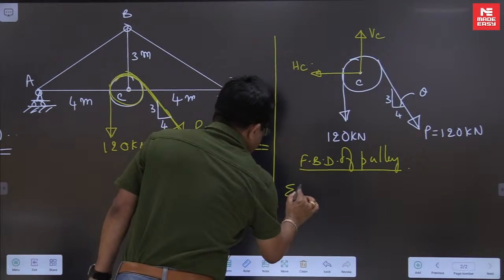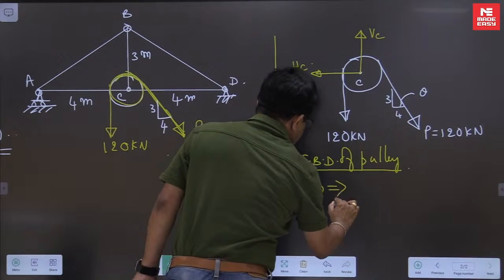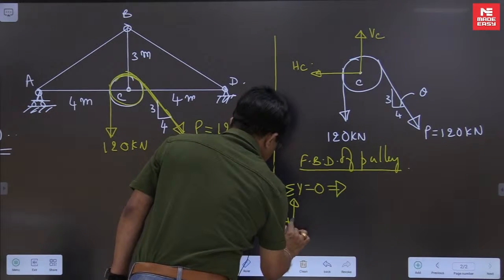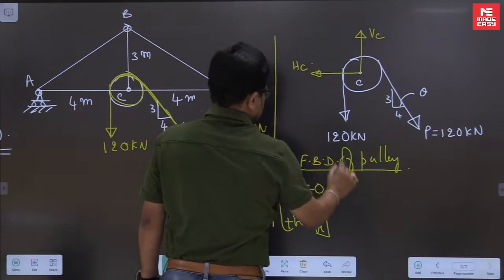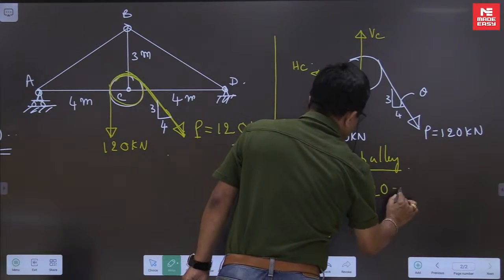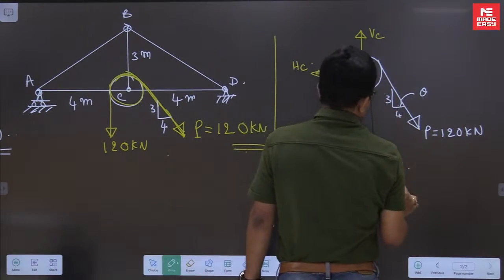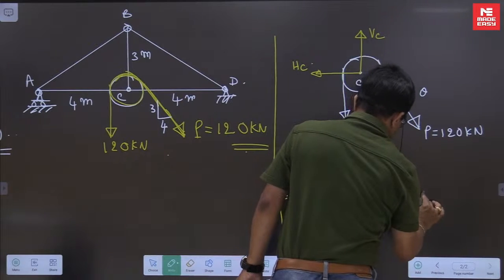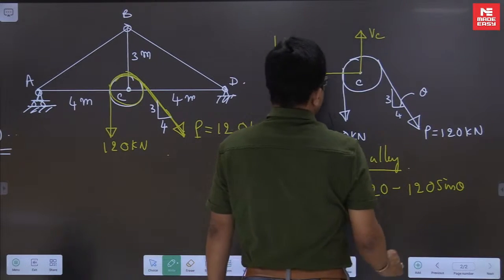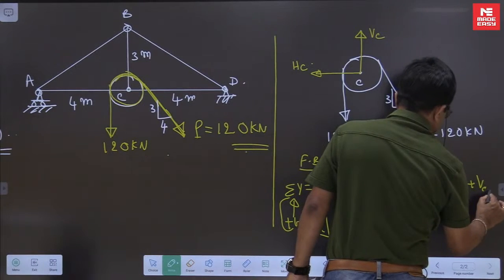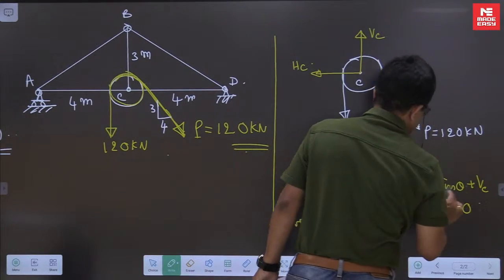Now, if you write sigma y equal to 0, by taking upward forces positive and downward forces negative: minus 120 sin theta plus VC is equal to 0.